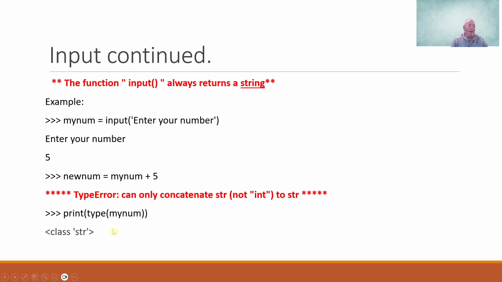So again, notice that if you print the type of mynum, it's going to come back and say it's the class string. So you can't add the number 5 to a string. It looks at this and sees the value 5. In the memory location, what does it see? It sees a bunch of zeros, then 101, and that's what makes it a number.